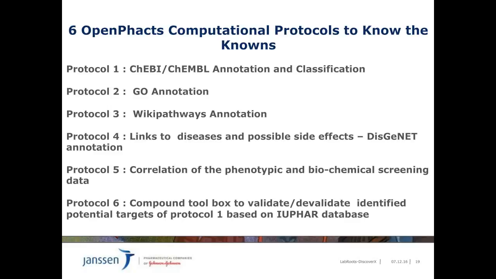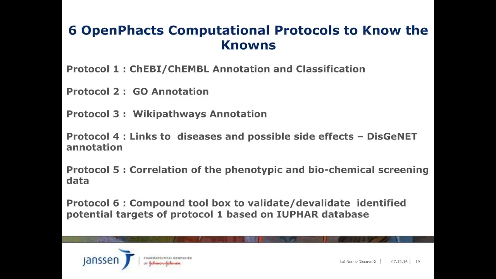Protocol 1 provides the ChEMBL annotations and classification of hit lists. Protocol 2 provides the GO annotation, the gene ontology annotation, for the proteins for which interactions are known based on Protocol 1. Protocol 3 provides the WikiPathways annotations for the proteins.